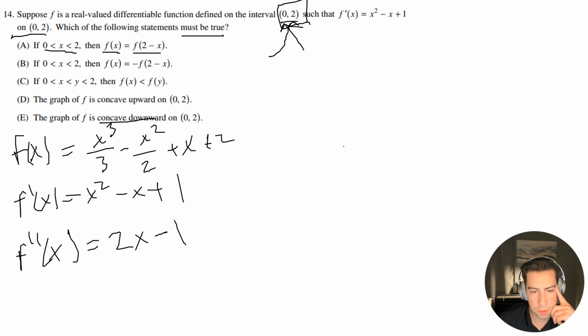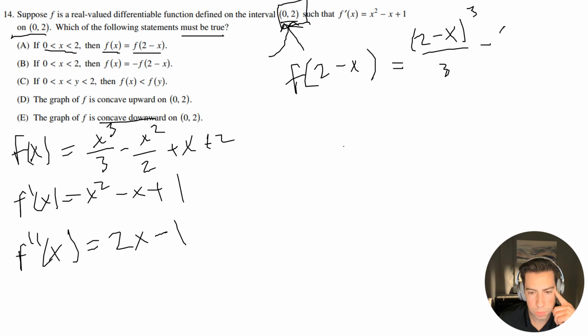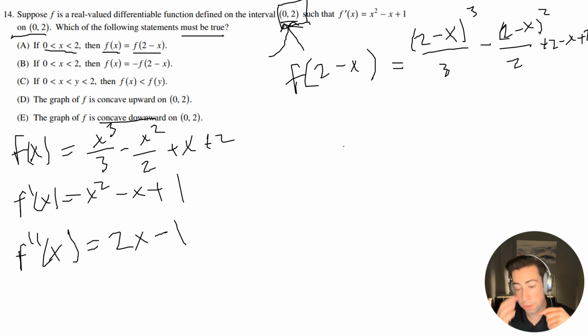These should not be the same thing, because if I take f of x and plug in 2 minus x for x, so I have f of 2 minus x, it's going to be kind of nasty: 2 minus x cubed over 3 minus 2 minus x squared divided by 2 plus 2 minus x plus 2. Sorry, it's running out of room.